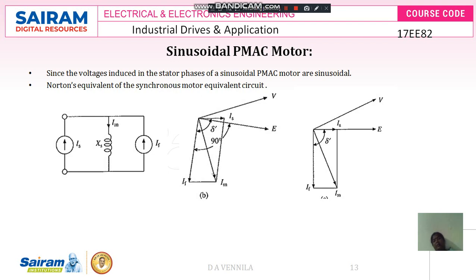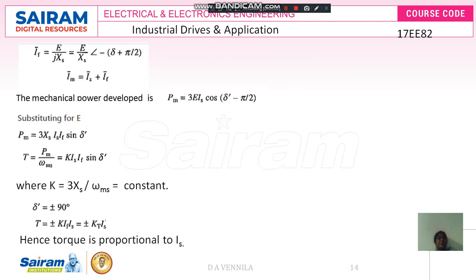Here the mechanical power developed is Pm equal to 3 E Is cos of delta dash minus pi by 2.